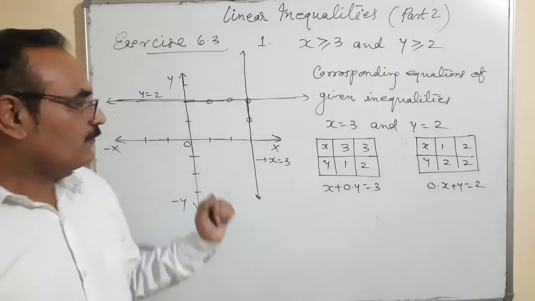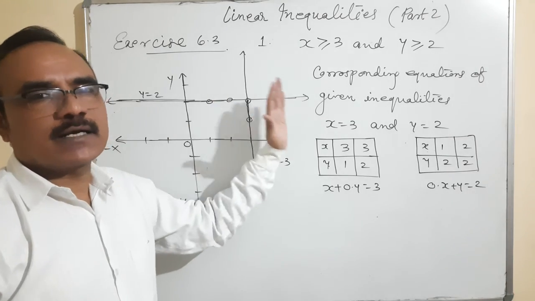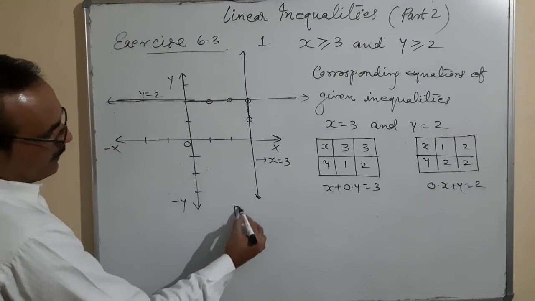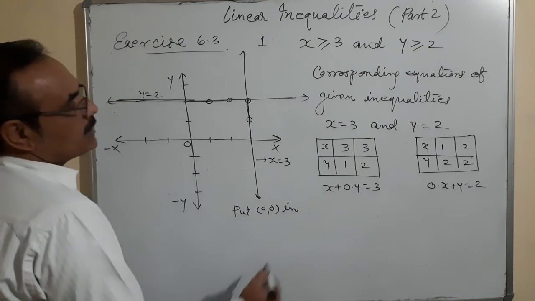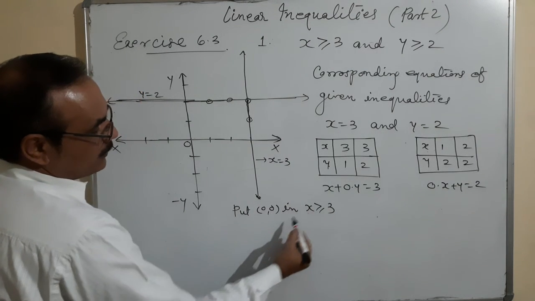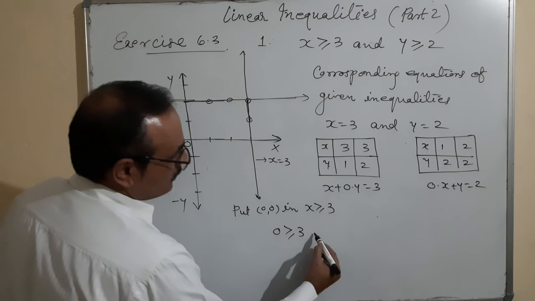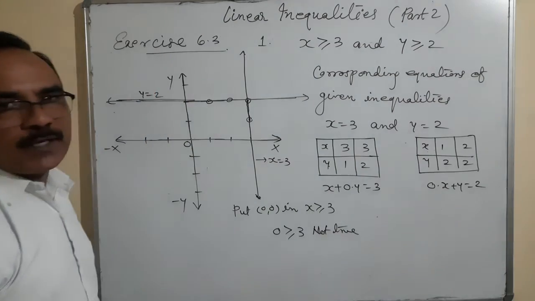Okay. For this line, x is equal to 3, let us see which portion is to be shaded portion, left hand portion or right hand side portion. Okay. So origin, put 0, 0 in the first inequality, x is greater or equal to 3. When I put 0 here, 0 is greater or equal to 3, which is true or not true? Not true. And not true, what does it mean?